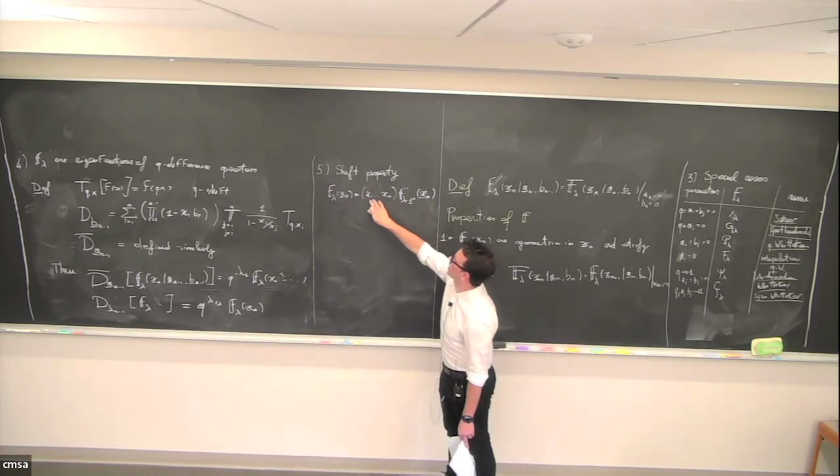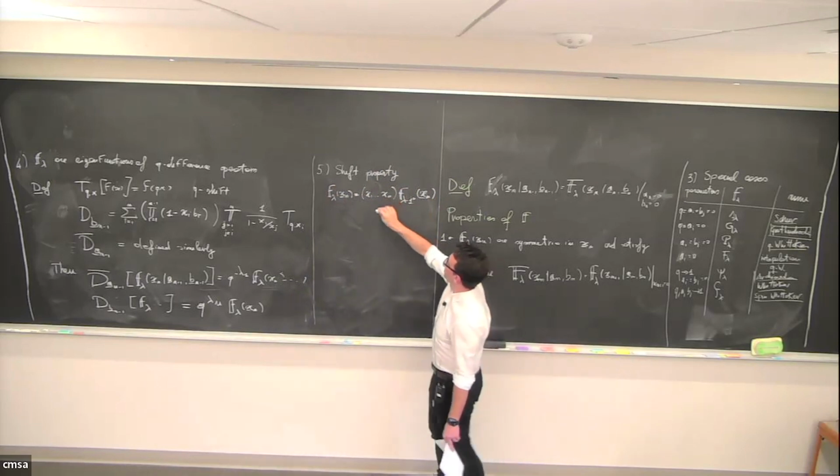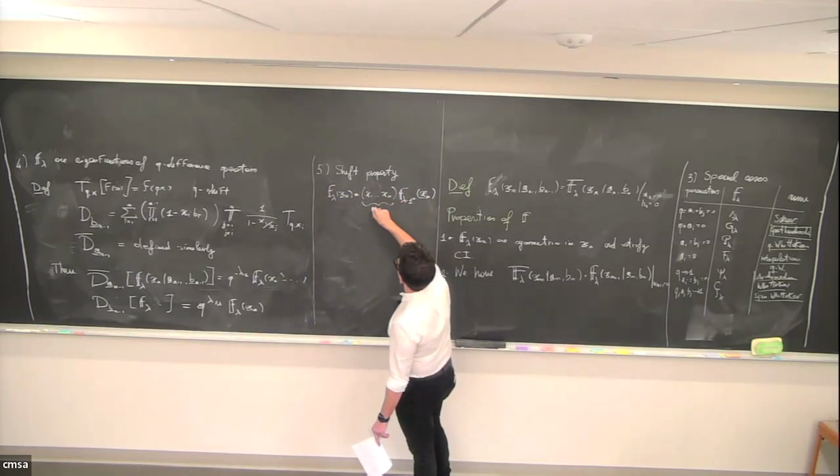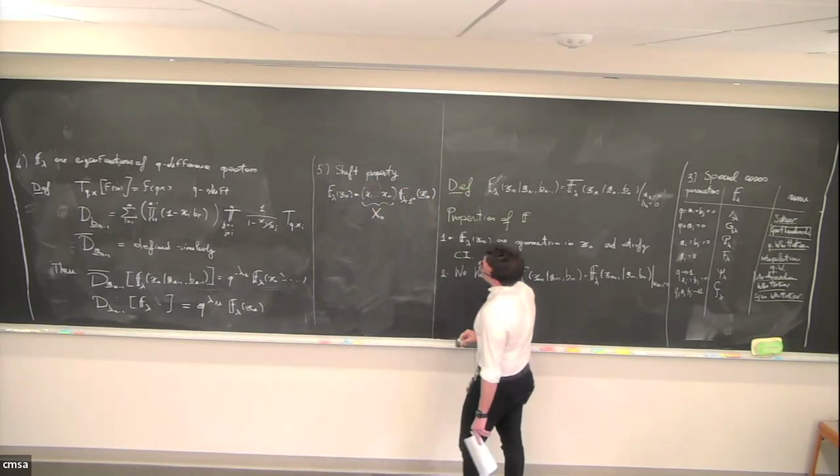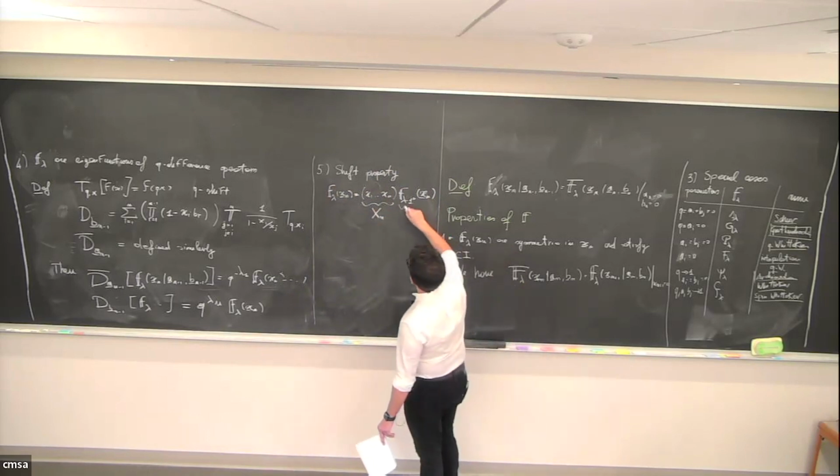So you can factor out a product of this form, which I maybe start calling capital X_n, at the cost of reducing your partition: lambda_1 minus 1, ..., lambda_n minus 1.